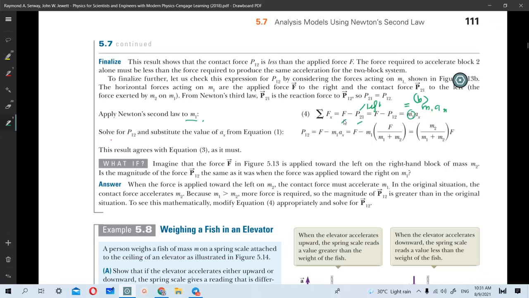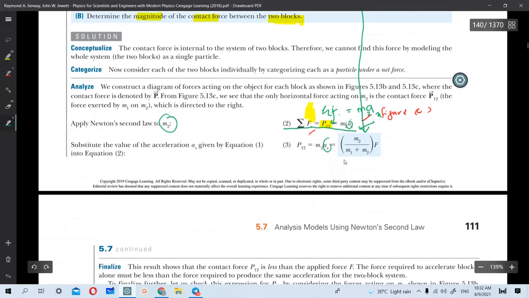From both expressions, we need to look again at our interest. Let's say that we are interested in getting P12. Would it be sufficient by looking at this expression? Yes, as well. You notice that you have the mass, and you have calculated the acceleration.